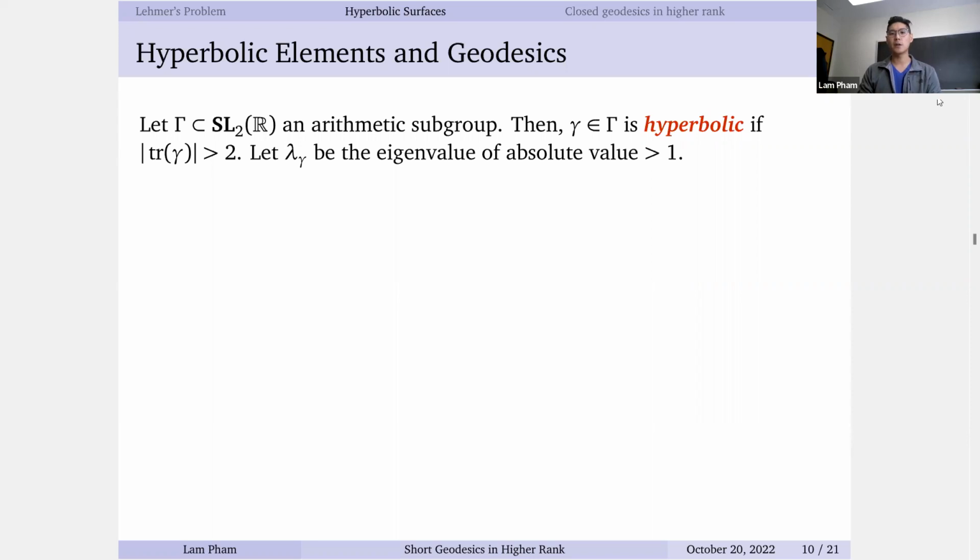I only care about hyperbolic here. So I'll just say that the transformation gamma is hyperbolic if the trace has absolute value strictly greater than 2. Now I will take lambda gamma to be the single eigenvalue that has absolute value strictly greater than 1.